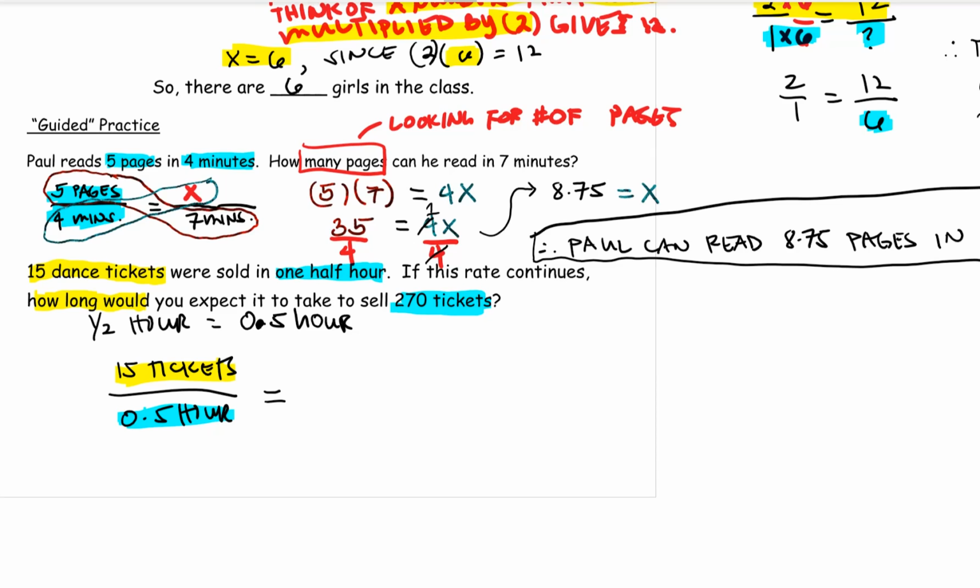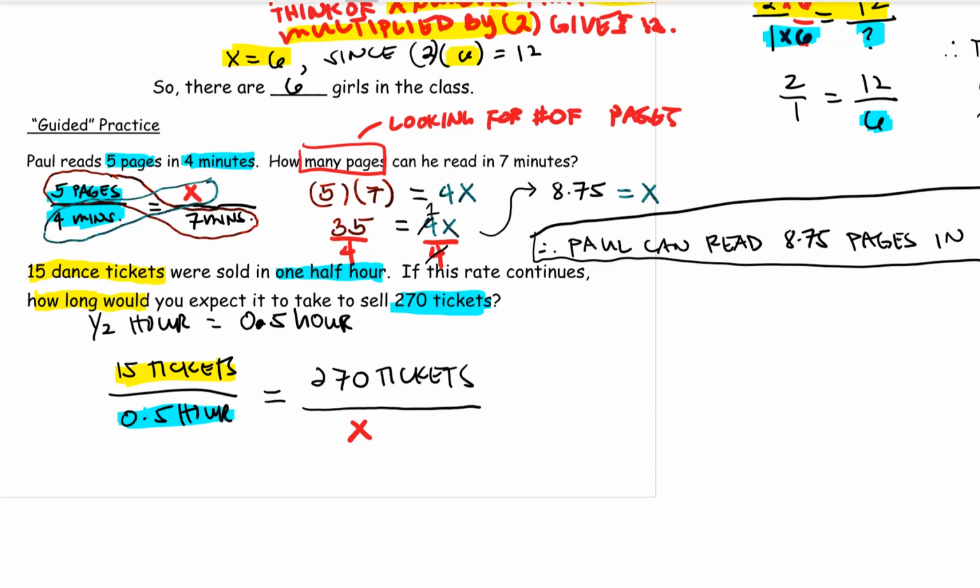If I'm going to set up my proportion, I'm given that the number of tickets is 270, and the number of hours is unknown. So again, I'm going to use x. In the second ratio, the denominator is unknown because I don't know the time it would take me to sell 270 tickets.